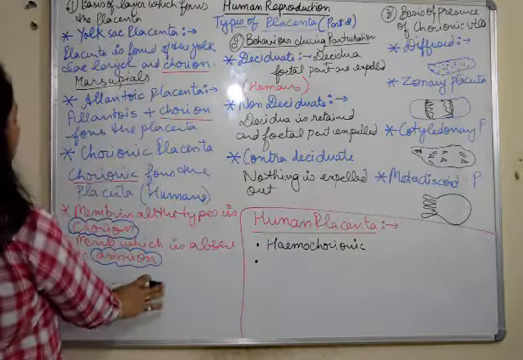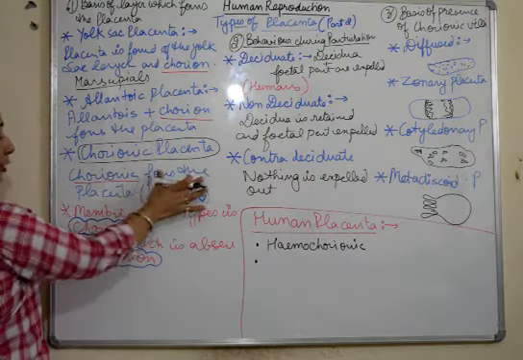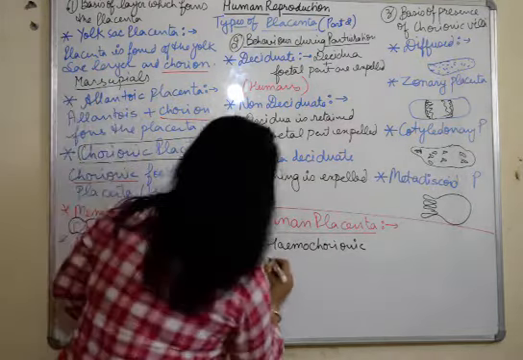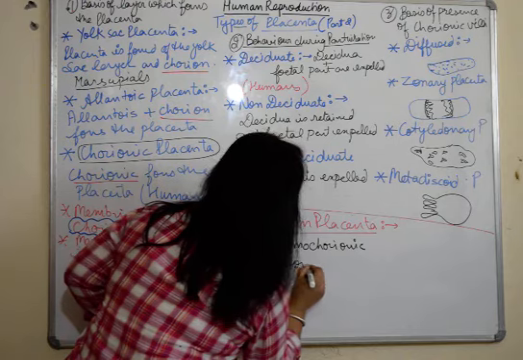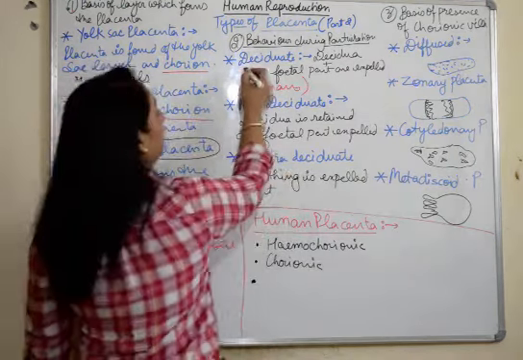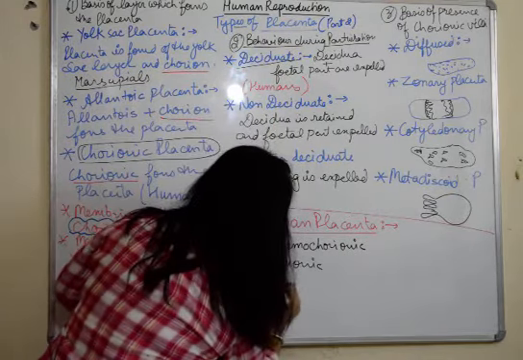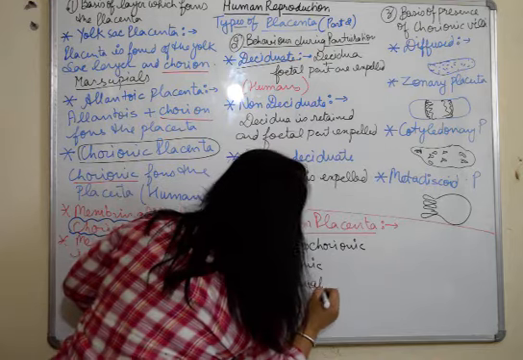In this category, the chorionic placenta is the category wherein the chorion forms the placenta. So the human placenta is chorionic. In this, it is deciduate. That means the whole placenta is expelled out.